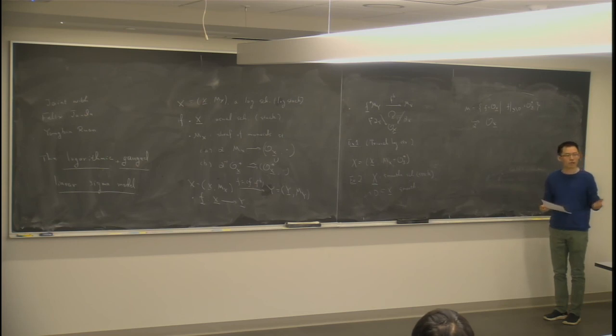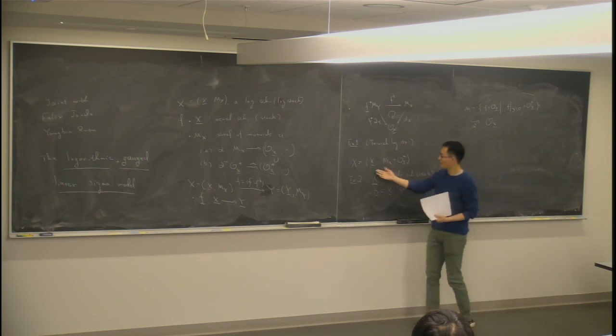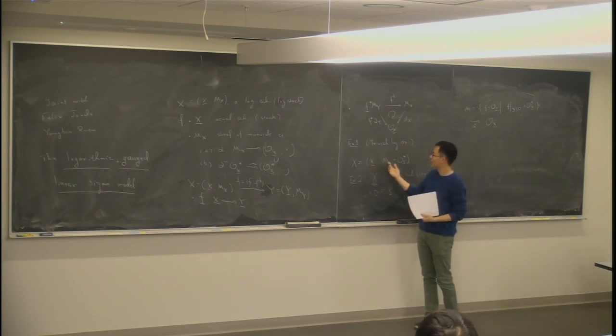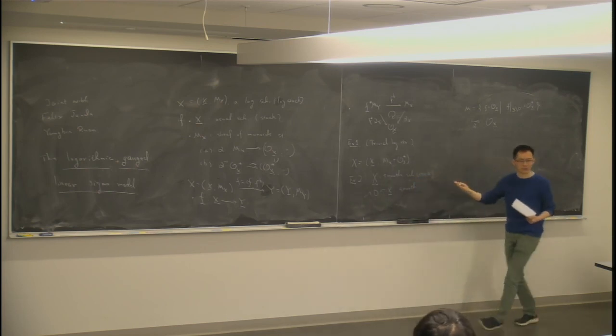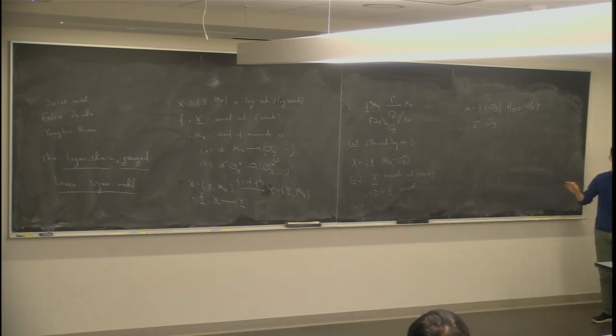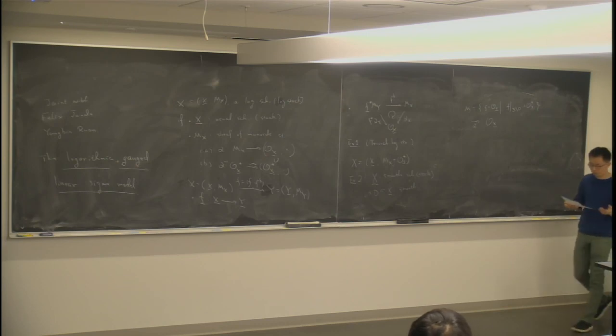But the real power of logarithmic geometry is in the degenerate case, when the boundary is everything. How are you going to specify this? You need the sheaf of monoids, because in that case you don't even have a pair from the underlying structure.